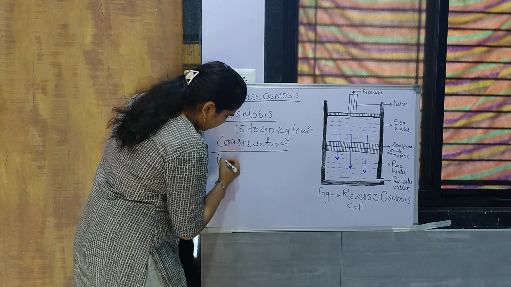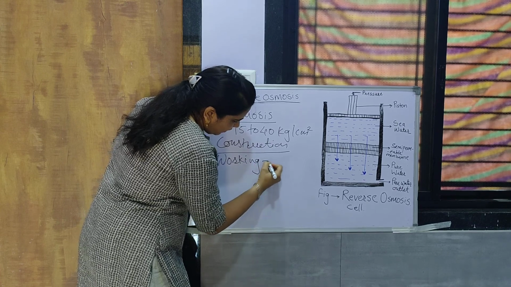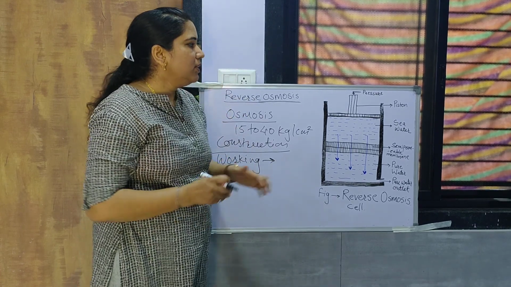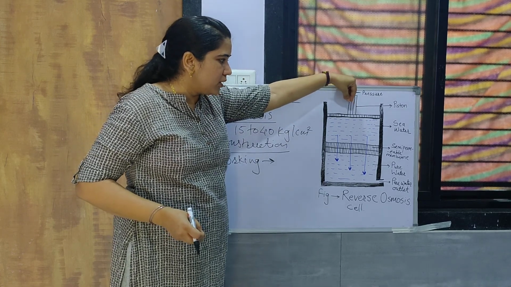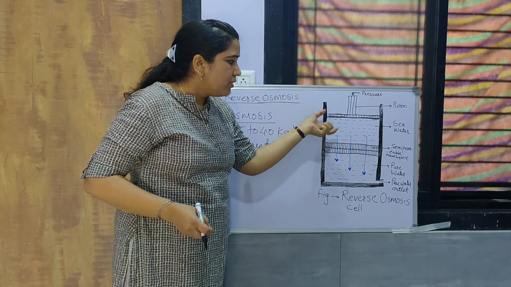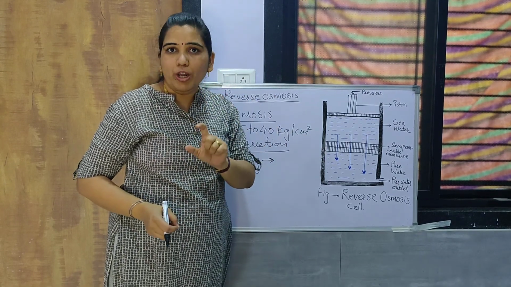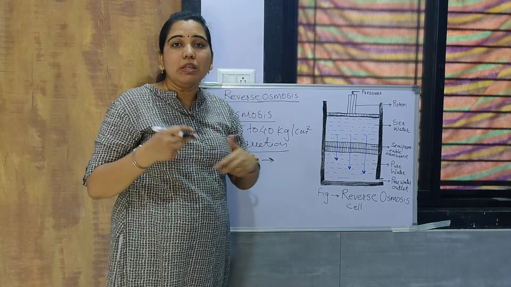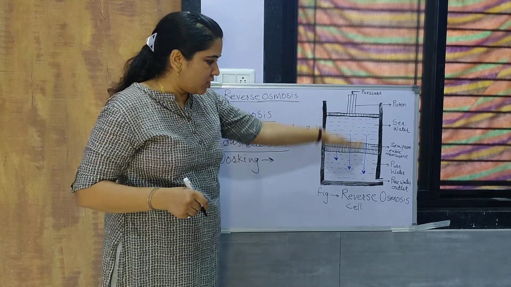Now next is its working. In working, what happens? Whenever this hydrostatic pressure is applied from the piston, only the solvent is passed, leaving behind the ionic, non-ionic, molecular and silica type of impurities.